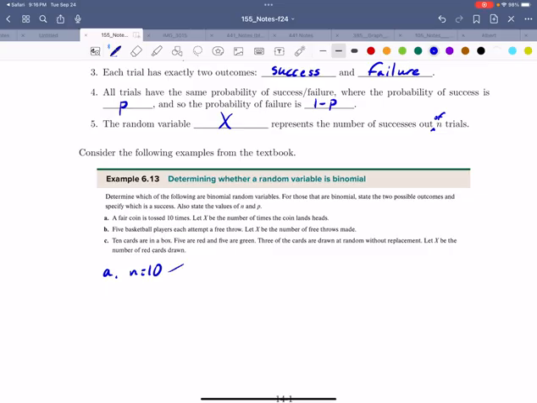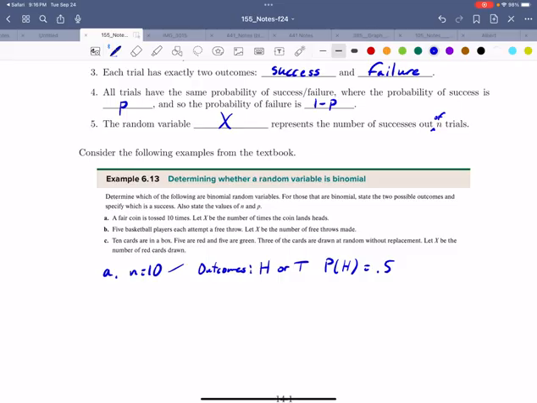X is the number of times a coin lands heads. That's a good sign because we know that a coin can land only heads or tails. So that works. So let me just write here, outcomes H or T. That also works. They say also state the values of n and p. We should know that the probability of heads, a success, is going to equal 0.5.